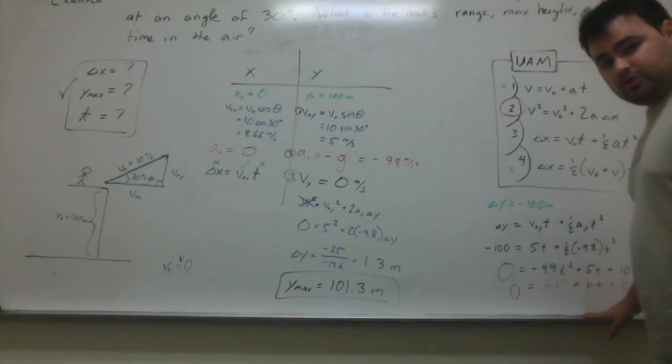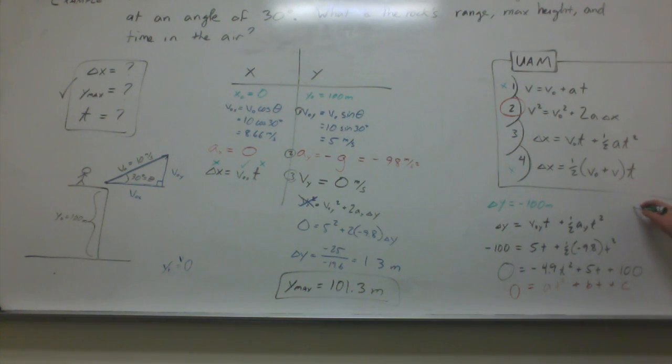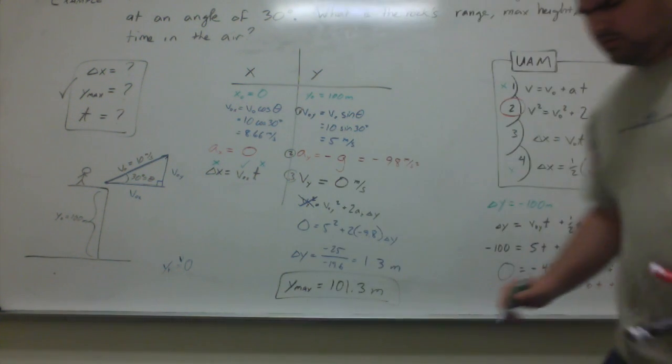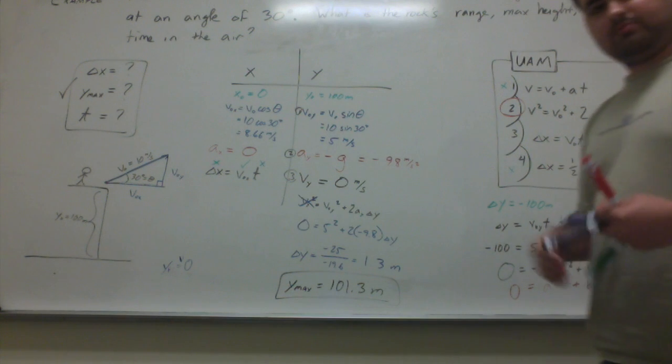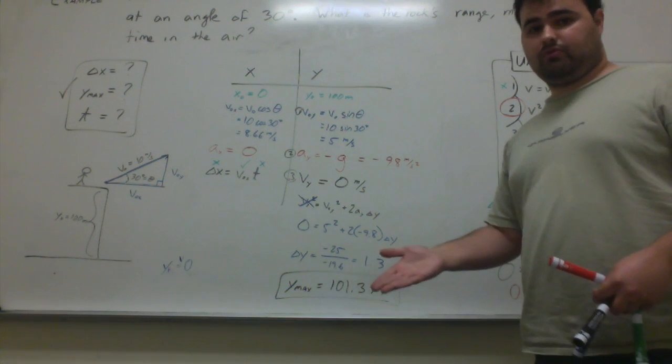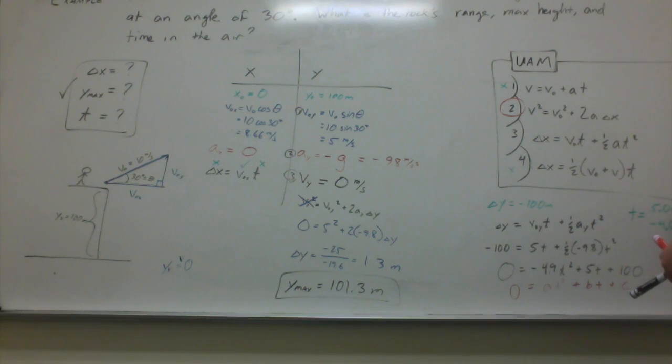If you plug this into the quadratic formula and solve, you're going to get two times: a positive time and a negative time. We're going to get a time of 5.06 and a time of negative 4.04. For projectile motion problems, you can't really have negative time because that refers to the time before you threw the object. So we're going with the positive time of 5.06 seconds.